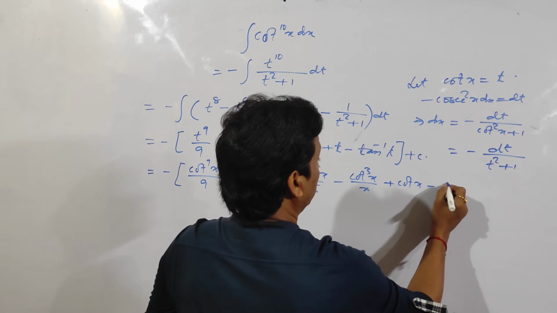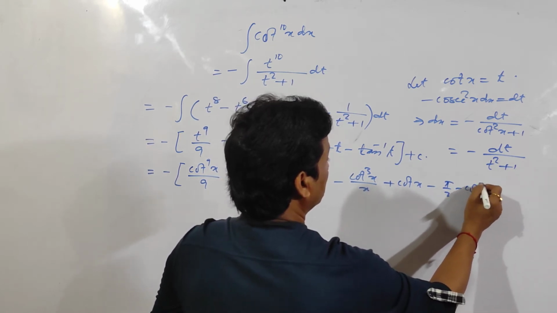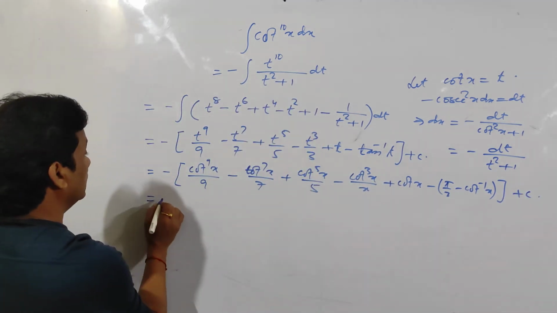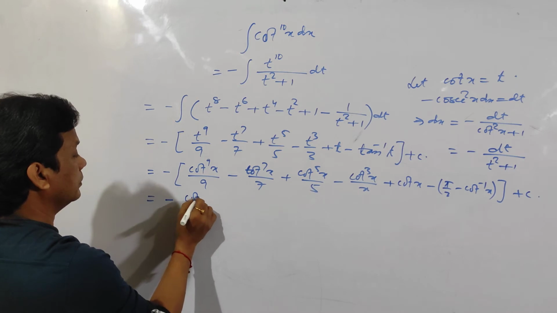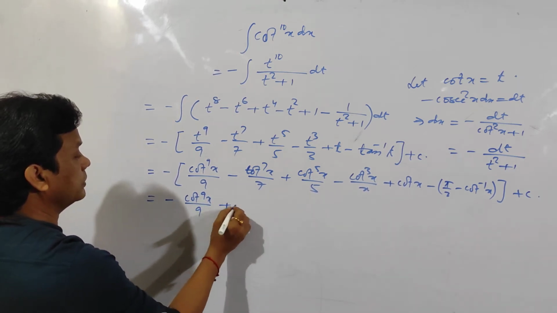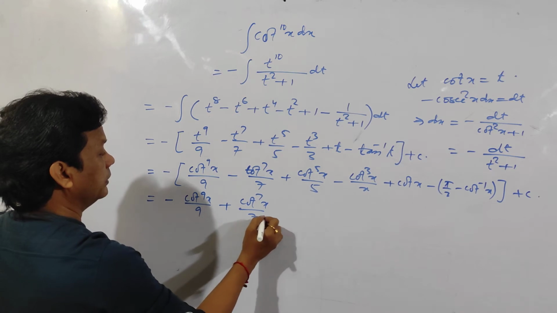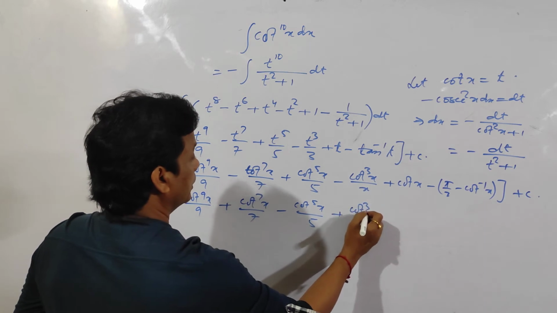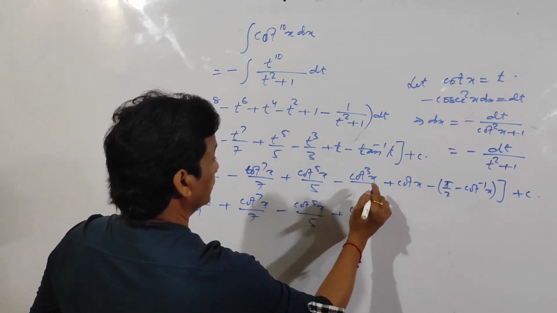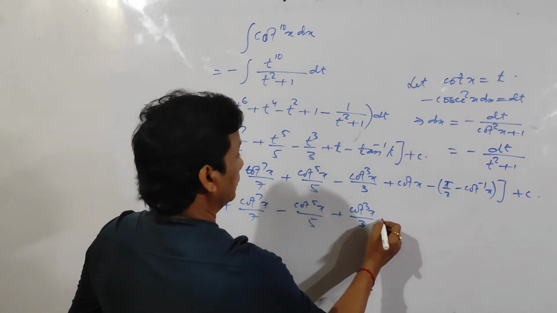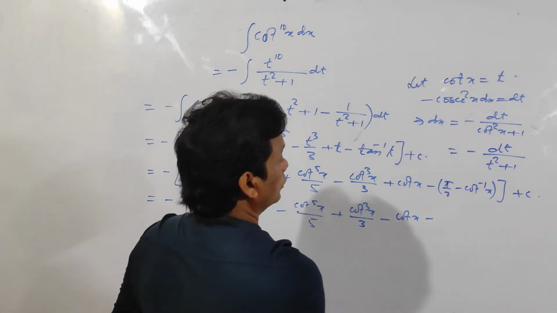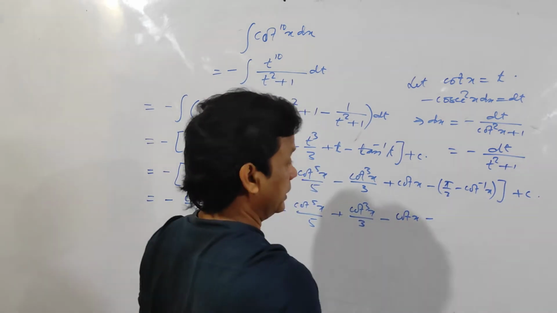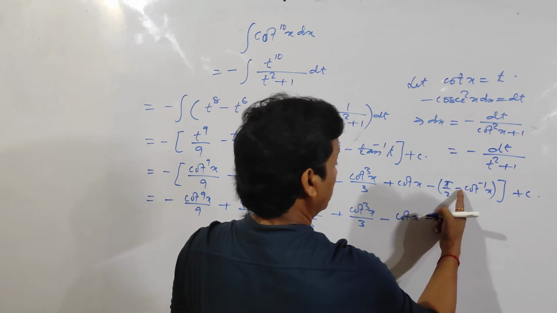So here I can write pi by 2 minus cot inverse x, and I can write plus c, multiplied by minus: cot 9x by 9 plus cot 7x by 7 minus cot 5x by 5 plus cot cube x by 3, then minus cot x. So minus will become plus. I am taking pi by 2 into the constant, attached to the constant, and this will become minus plus and this minus.